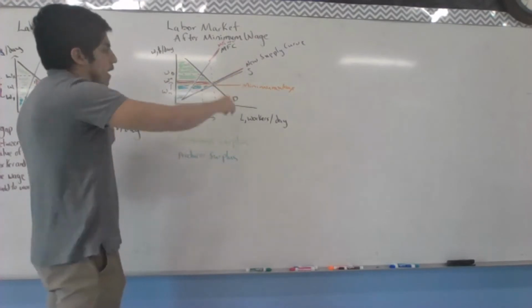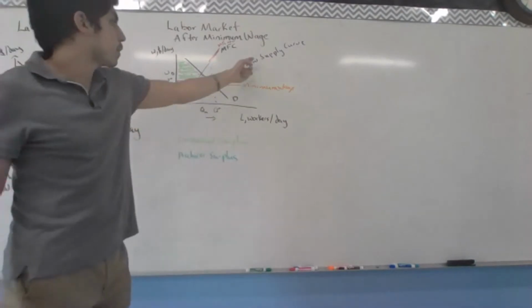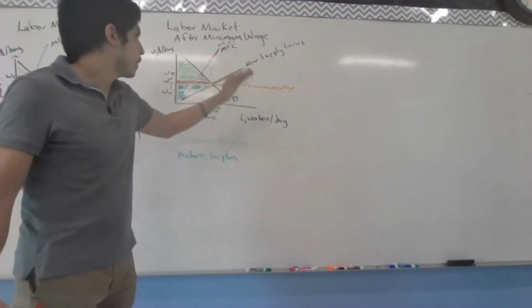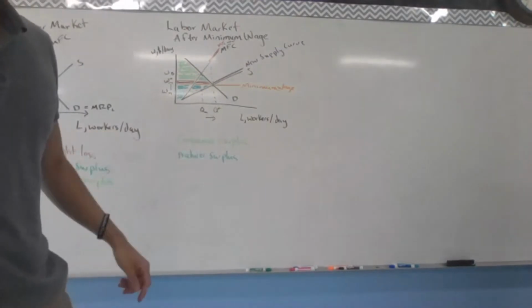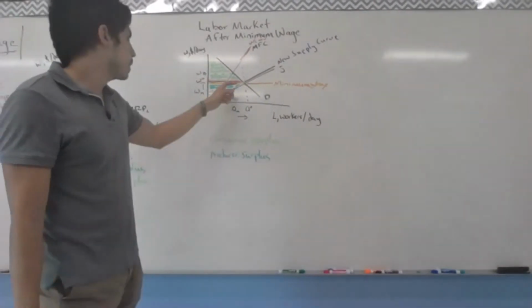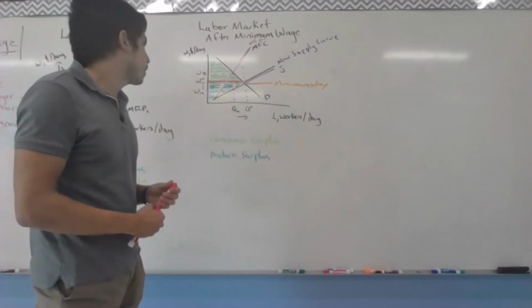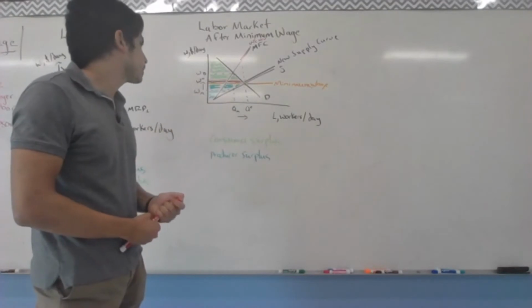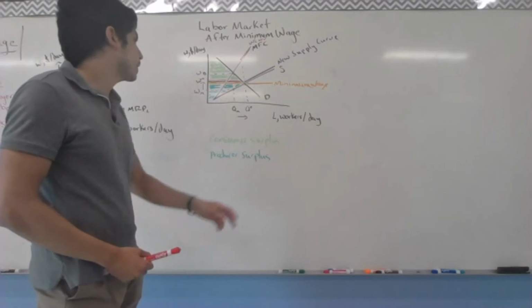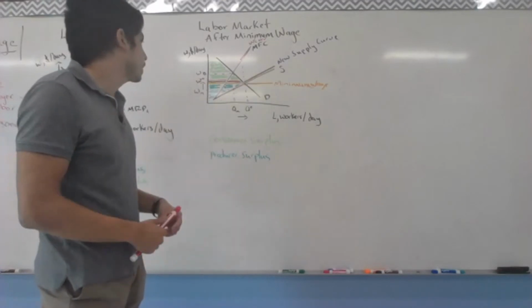They're going to demand a higher wage, right? So your supply curve would have no slope for quite a bit and then rise once the minimum wage was not high enough to attract these workers.